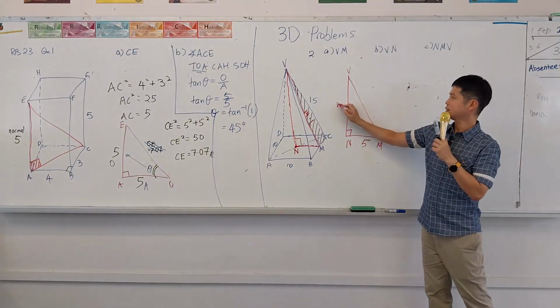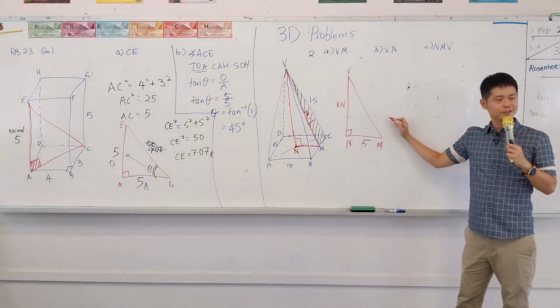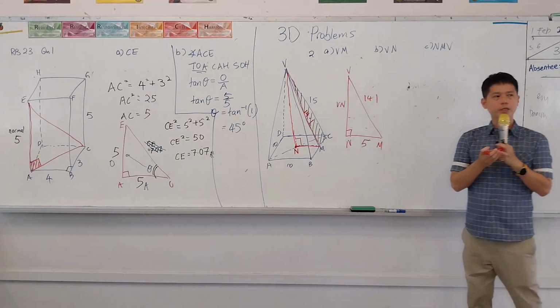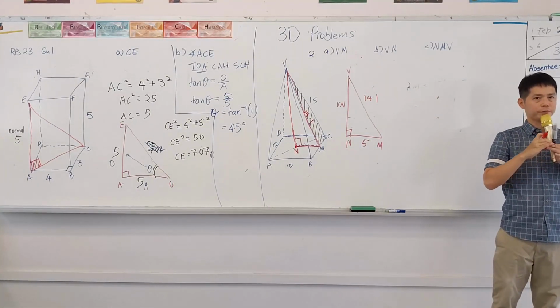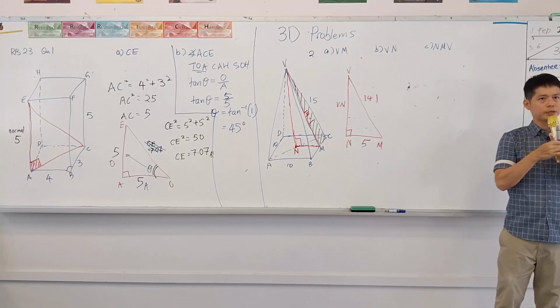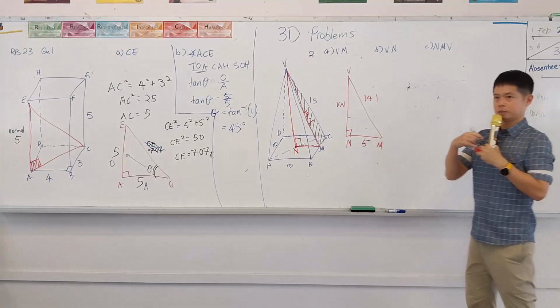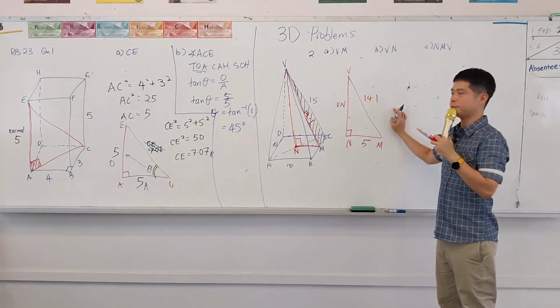I want to find VN. So you must have this one. And yes, 14.1. Okay, now in your working, you must put more decimal places. But for just the video, I just want you to learn the concept. I'll use 14.1 so that the numbers don't look so scary. But for your working, you should use more decimal places.